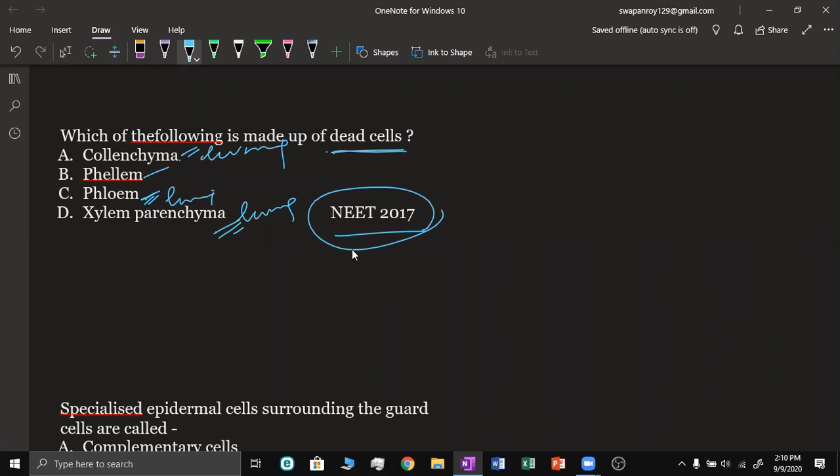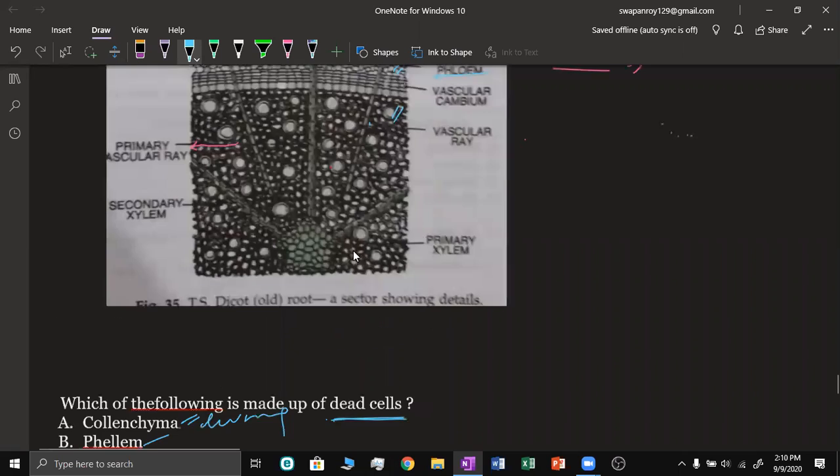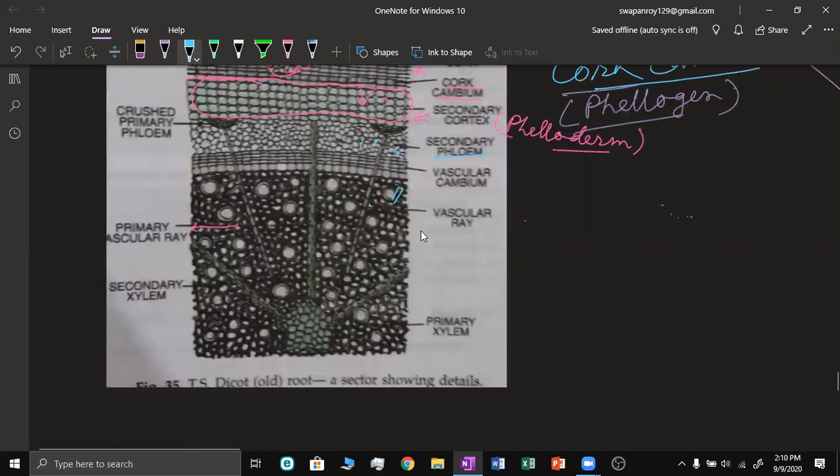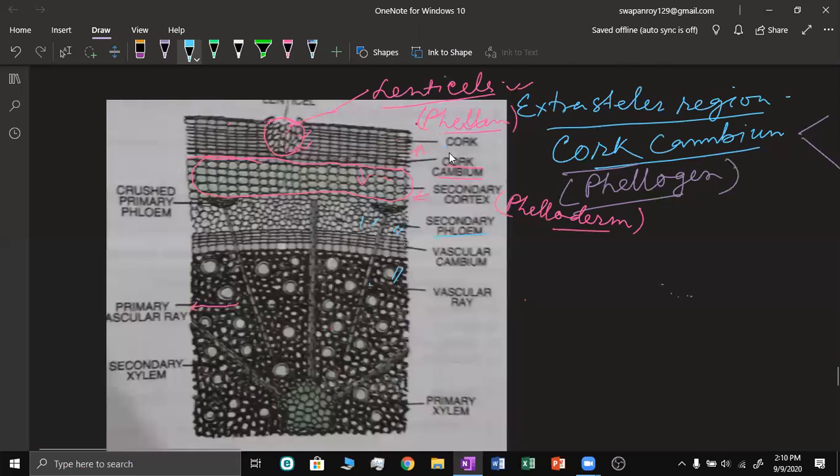Phellem, here in the diagram we have got that phellem means cork. Cork is made of dead tissues. When the cork matures a little, their cytoplasm is dried and they have the suberin layer.